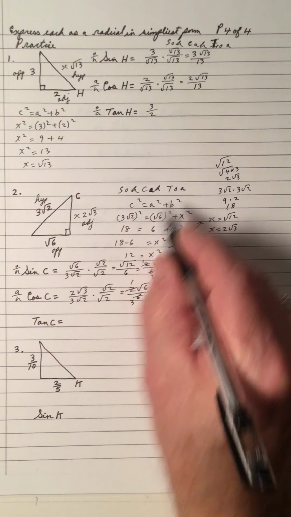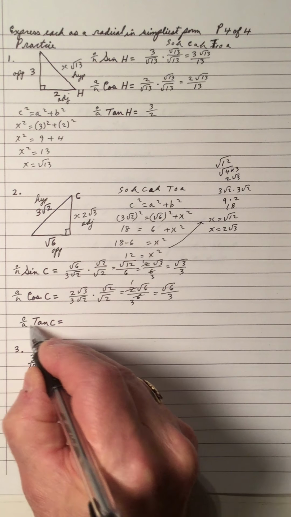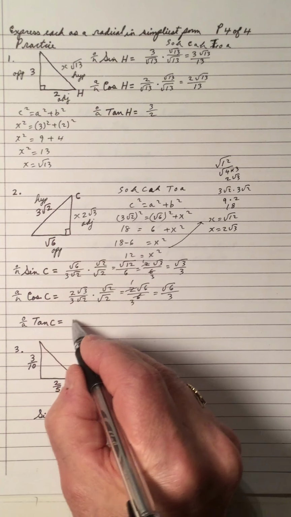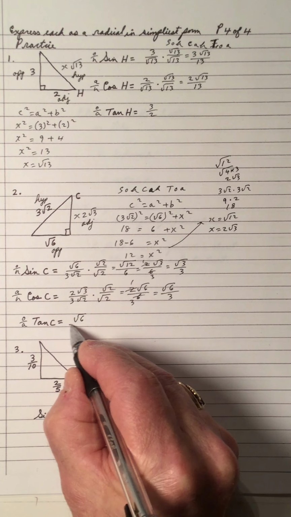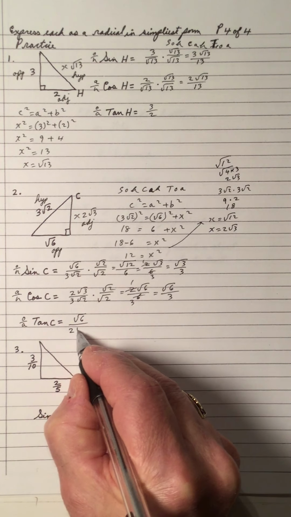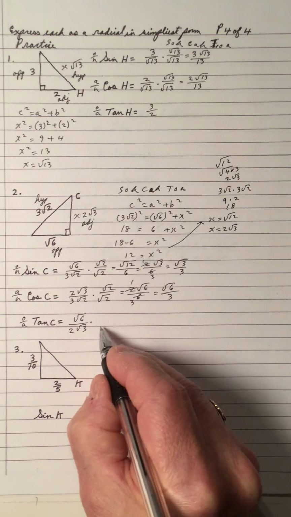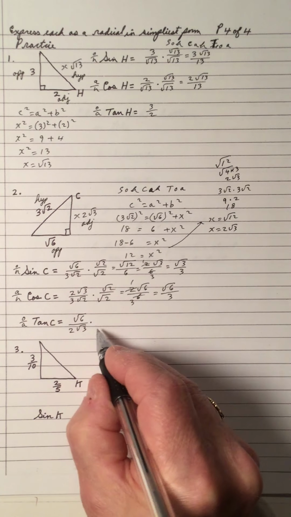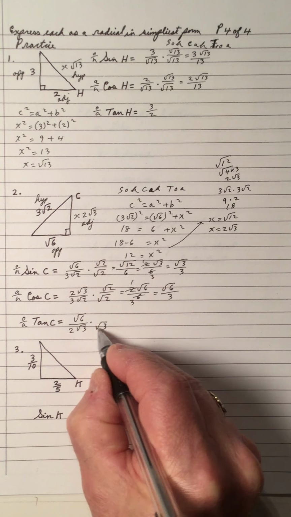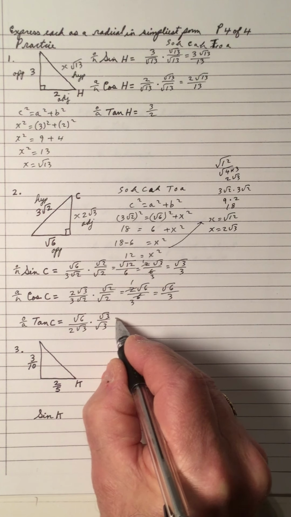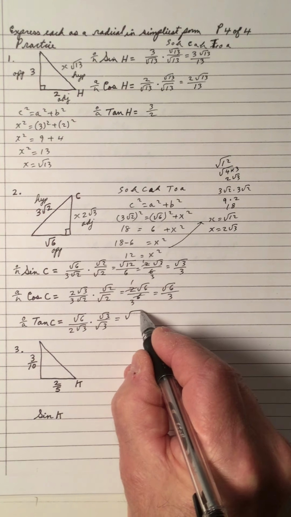And tan is opposite over adjacent. So the opposite side is root 6. The adjacent side is 2 root 3. Opposite over adjacent, we multiply top and bottom by root 3. Root 6 times root 3 is root 18.